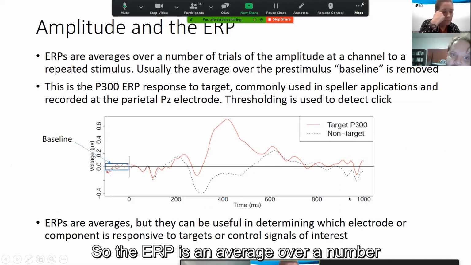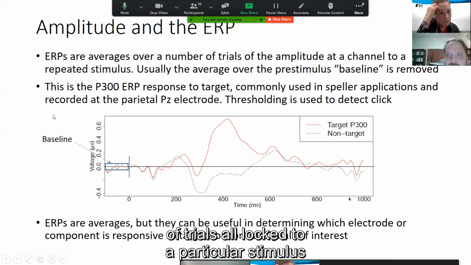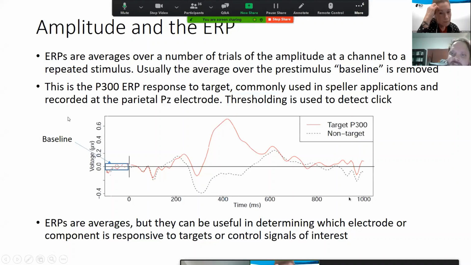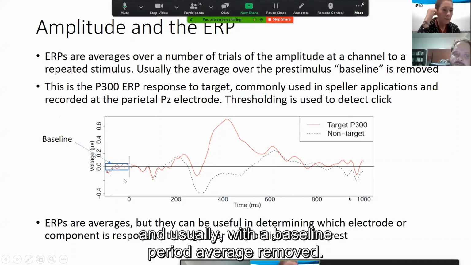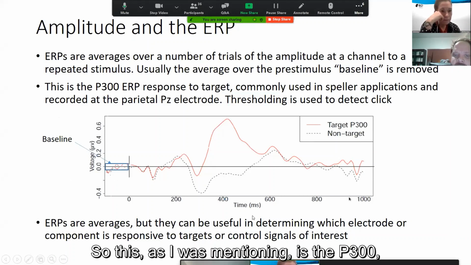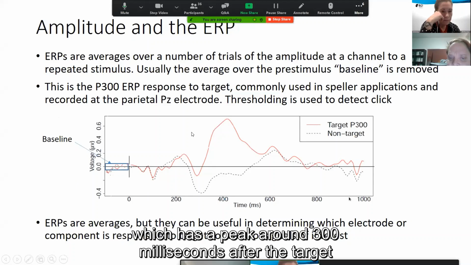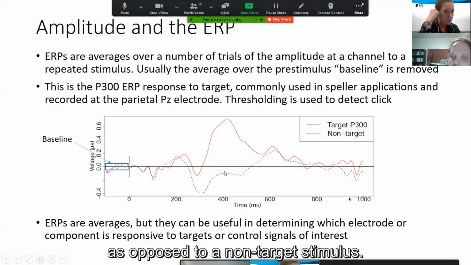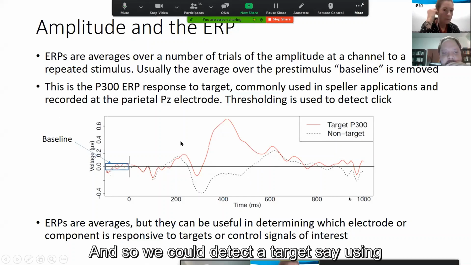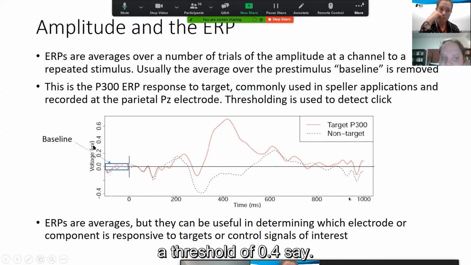So the ERP is an average over a number of trials, all locked to a particular stimulus, and usually with a baseline period average removed. So this, as I was mentioning, is the P300, which has a peak around 300 milliseconds after the target, as opposed to a non-target stimulus. And so we could detect a target, say, using a threshold of 0.4.